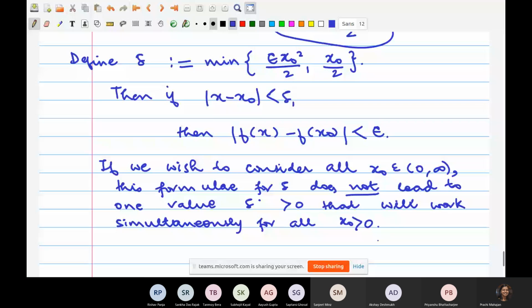So delta here depends on x naught as well as epsilon, and there's no positive delta that will work simultaneously for all of these x naught, at least according to this formula. Does this make sense to you? Is everybody with me?